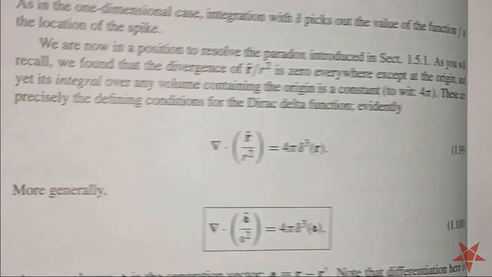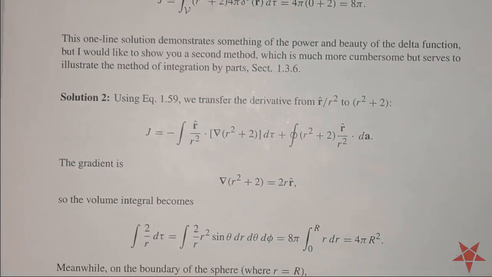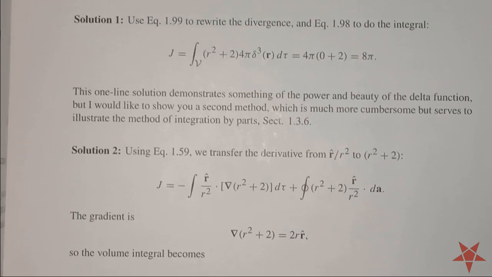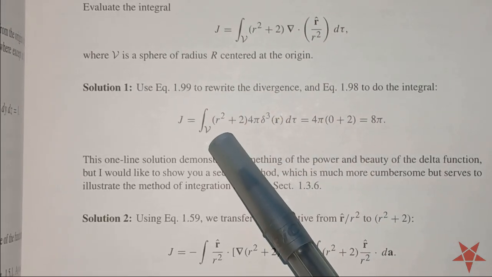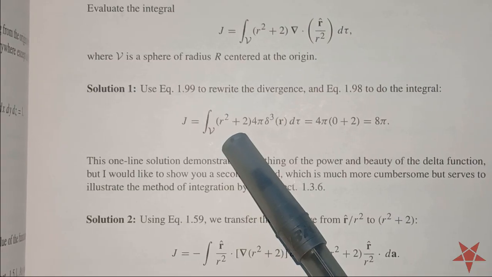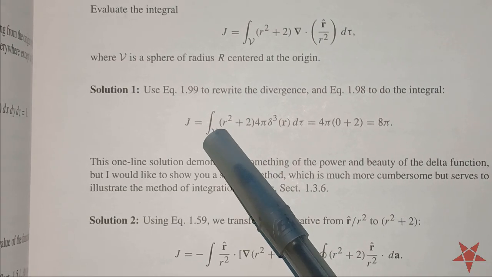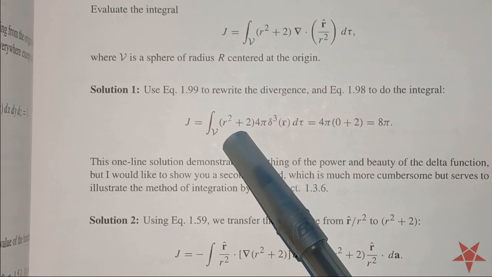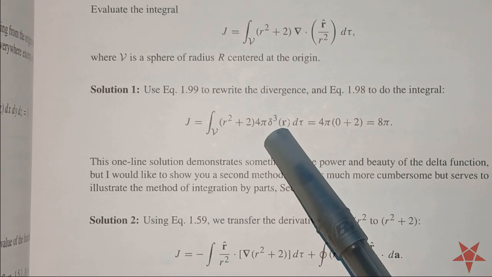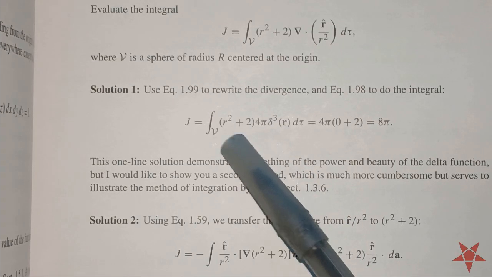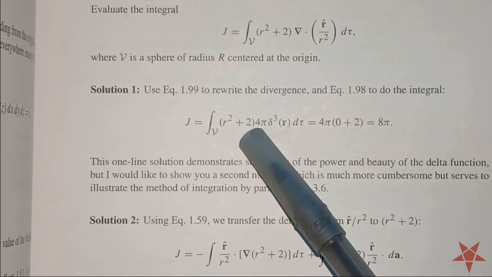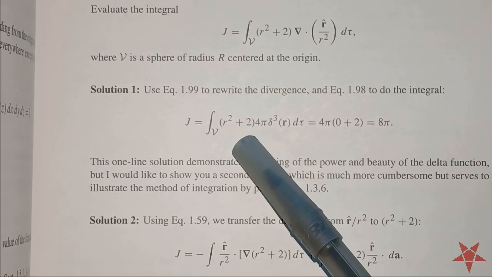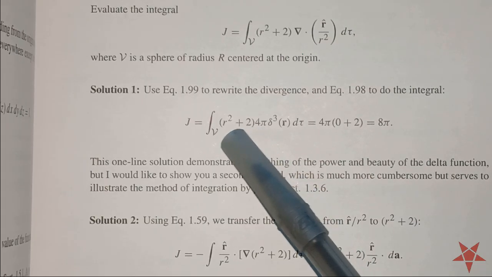Going back to the opposite page, we see that if we follow the instructions from the previous page, what we end up doing is evaluating this function r squared plus 2 at the zero point for the Dirac delta function, and 4 pi times that function really is part of the result in that it comes outside of the integral.